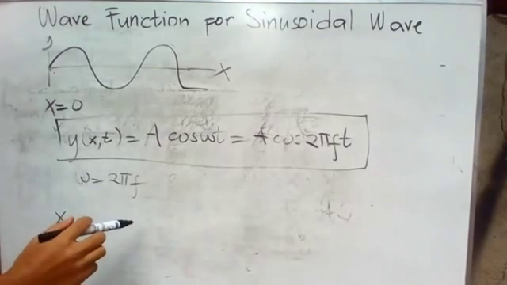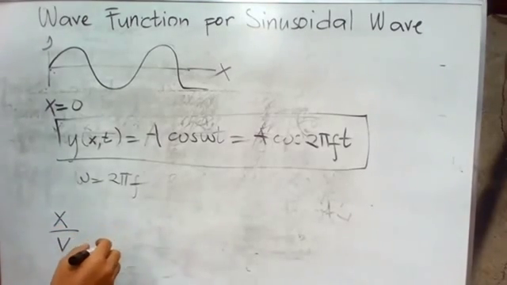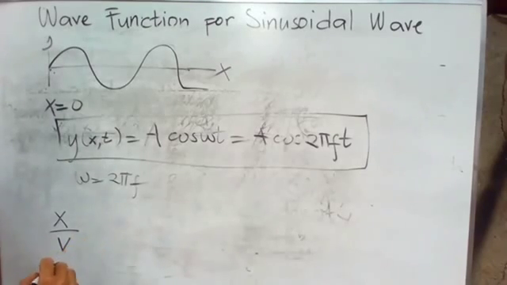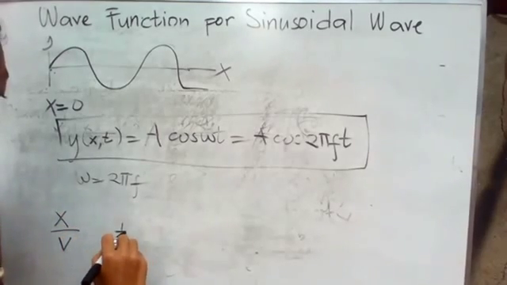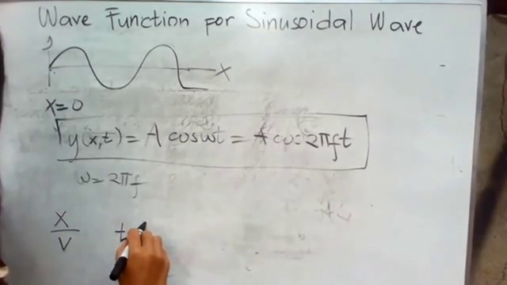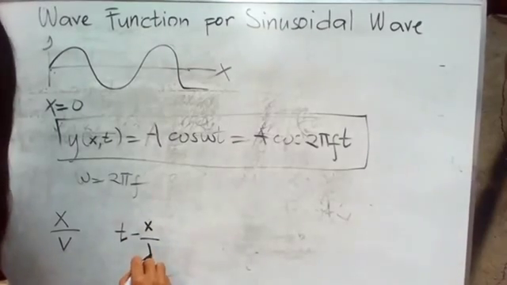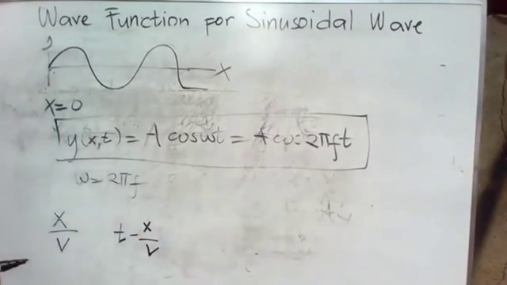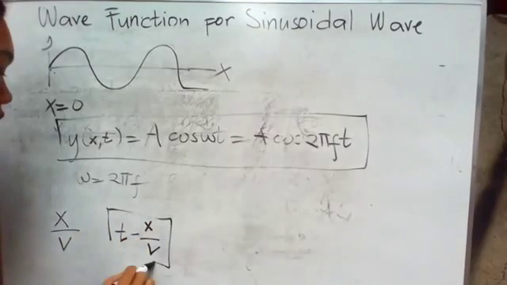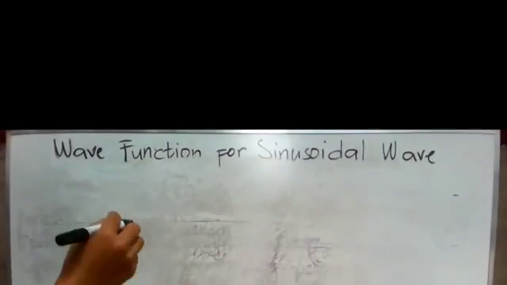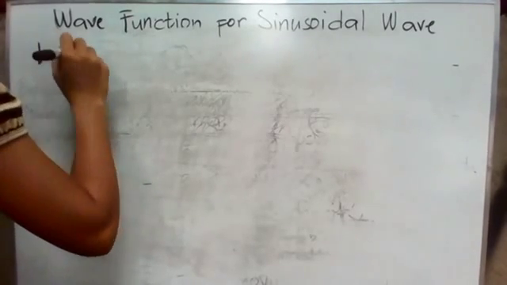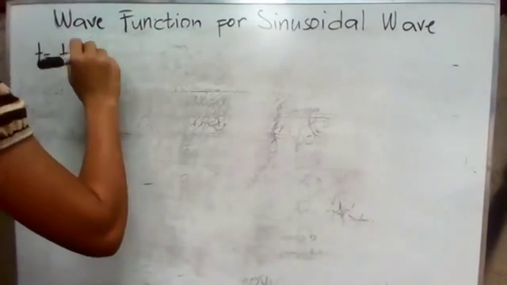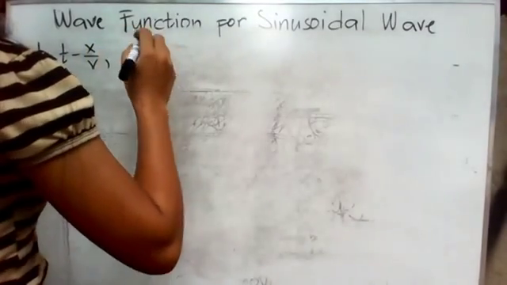So the motion of point x at time t is the same as the motion of the point x equals 0 at an earlier time, t minus x over v. By replacing the time with t minus x over v, we can now rewrite the equation.